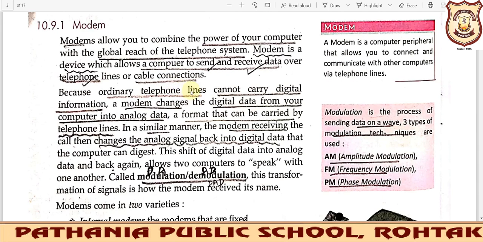The first device is the modem. A modem is required to convert analog signals to digital signals and digital signals to analog signals. Whenever we are dealing with telephone lines, the signals in the telephone line are in the form of analog, but in the computer they are in the form of digital signals.